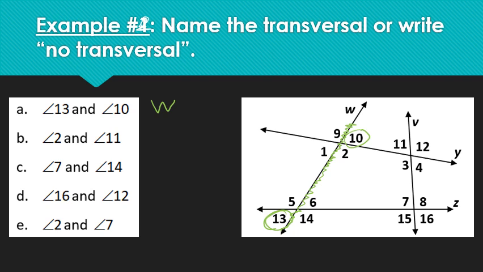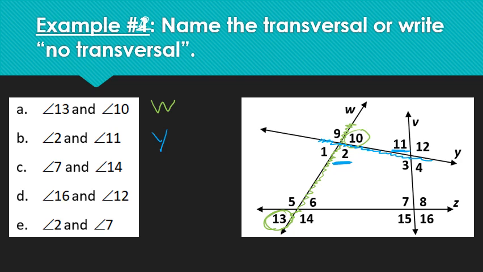So let's look at 2. So here's angle 2, and here's angle 11. So angle 2 touches right here, and angle 11 touches right here. So 2 and 11 share transversal Y. So take a moment, hit pause, and do C, D, and E on your own. Remember, if there's no transversal, to write no transversal.